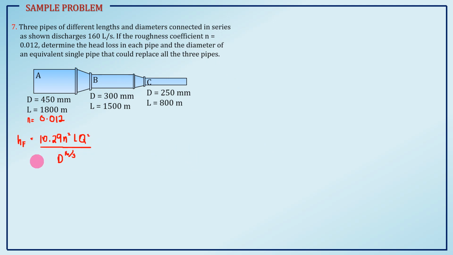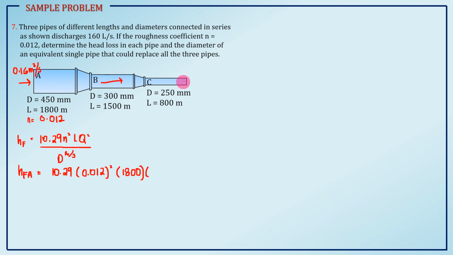So, let's solve HFA. We have 10.29, N is 0.012 squared, L is 1,800, Q ay, ano yung Q? Yung Q natin is given 160 liters per second. So, series pipe to. We have continuous flow, no? 0.16 cubic meter per second.